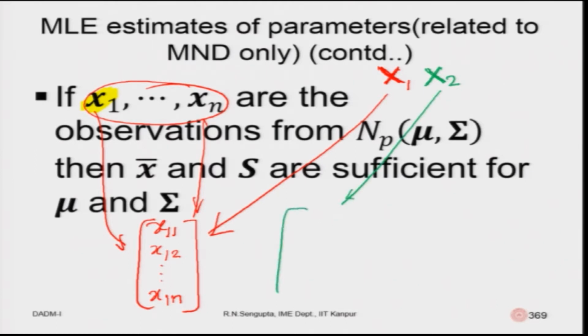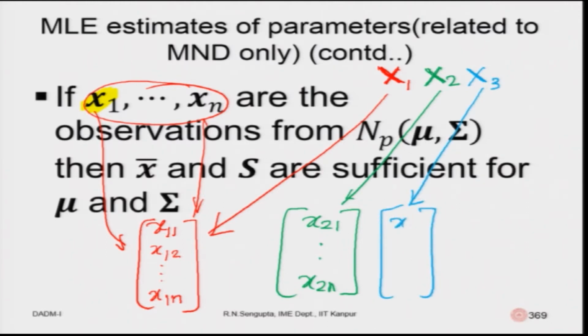So, this is basically x21, x2n, x31, x3n, and this goes on till the last one. Let me take a different color. This is xp or xk, whatever you denote.